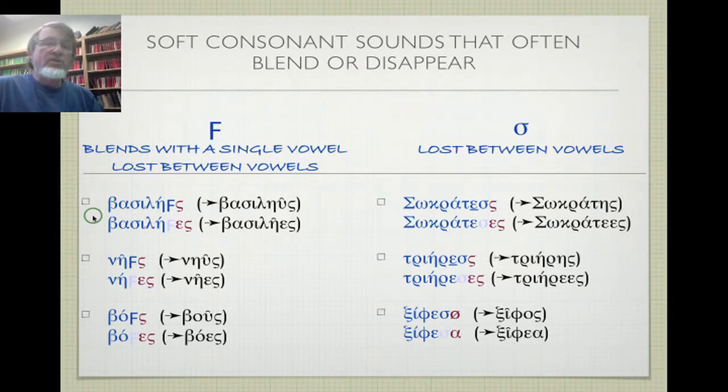We hear the W as though it's part of a diphthong, just another vowel. So that's what happens here. They hear basileus, basileus. Remember, it's a W sound, basileus.